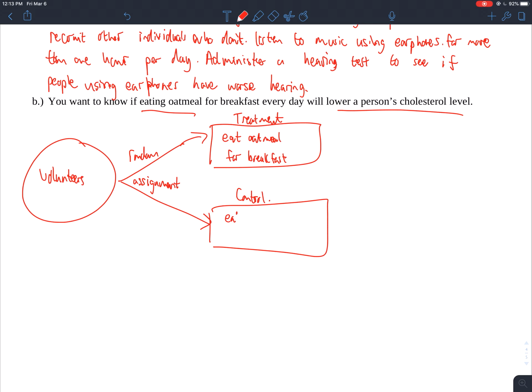And these guys eat what they normally eat, but not oatmeal. Okay? That would be maybe difficult to do, but you have those two. And then at the end, you compare cholesterol levels.